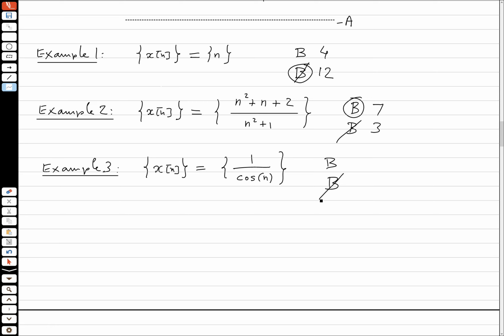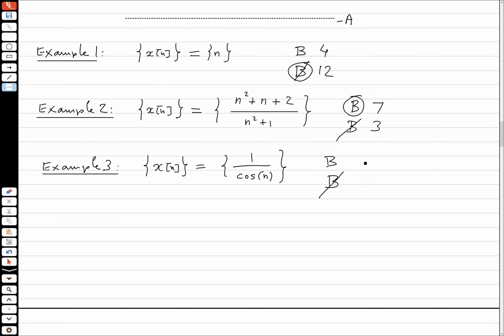How many of you vote this is bounded? Okay, vote now. How many of you vote this is bounded? How many of you vote this is not bounded?